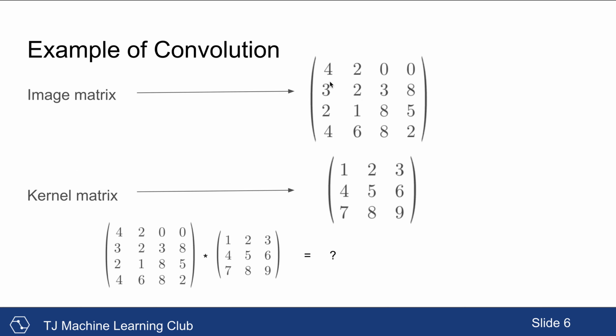So let's say that we had this 4x4 image matrix here, and this is our kernel matrix, and we want to perform the convolution operation using this image and this kernel. Well, we first take this 3x3 matrix, place it over here, and then multiply each number with the number from the kernel that matches it in position.